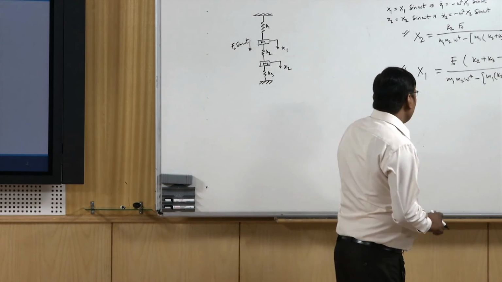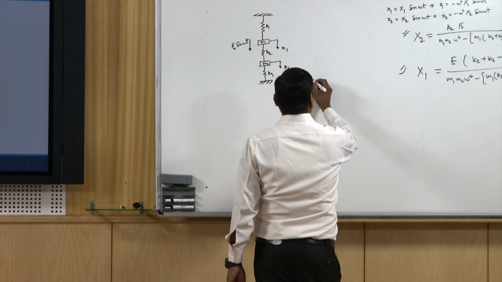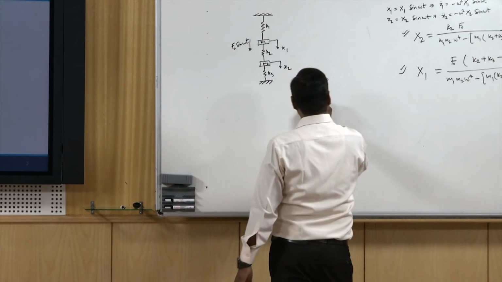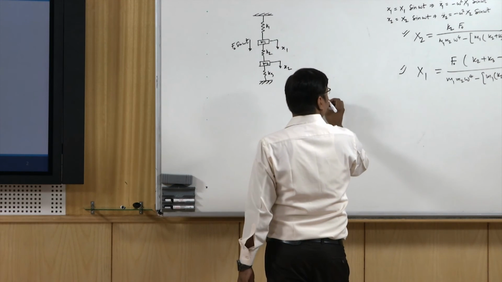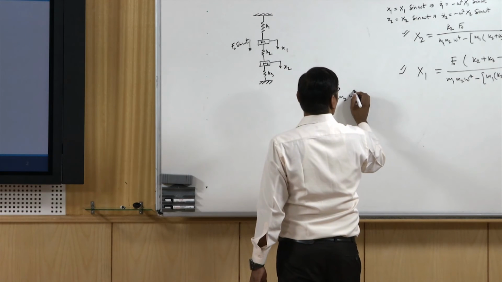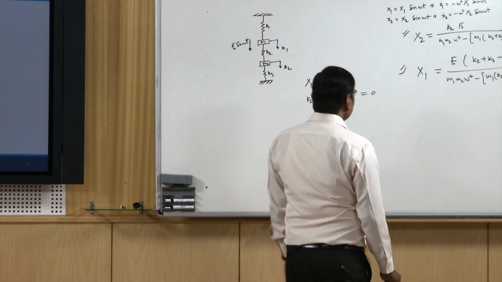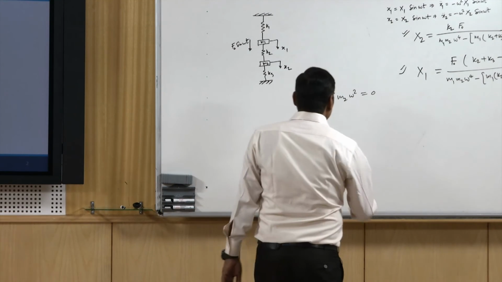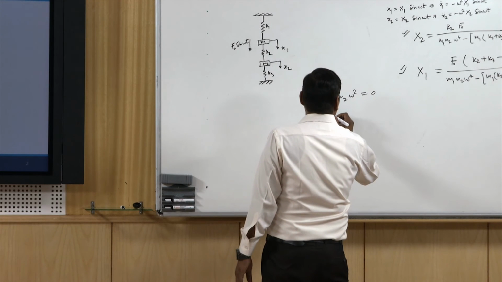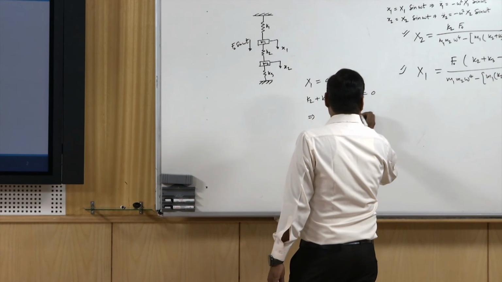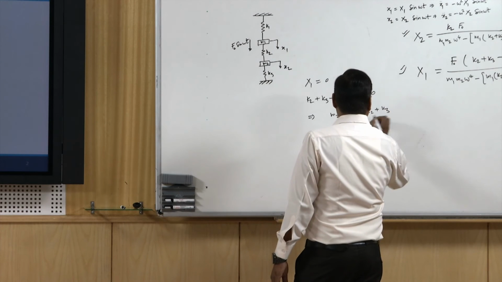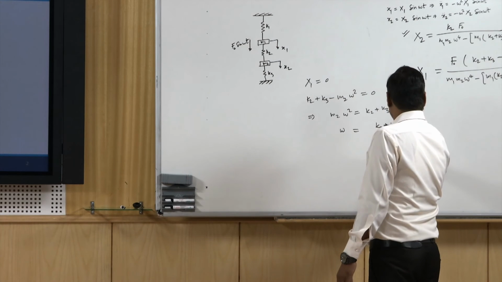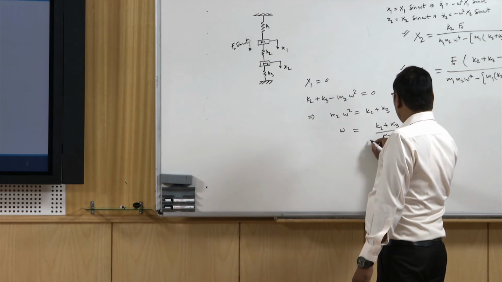One more thing we can notice is that x1 is 0 when this term is 0, that is K2 plus K3 minus m2 omega square is 0. So it means that m2 omega square equal to K2 plus K3, and so omega equal to under root of K2 plus K3 by m2.